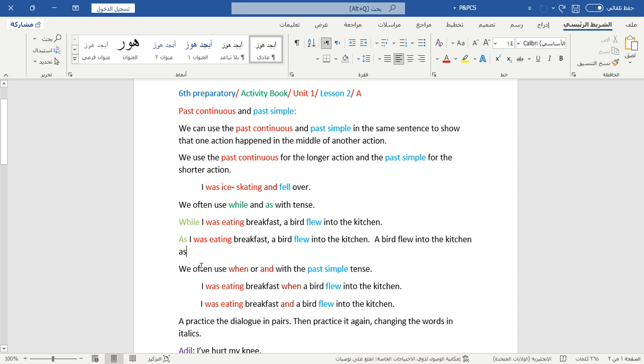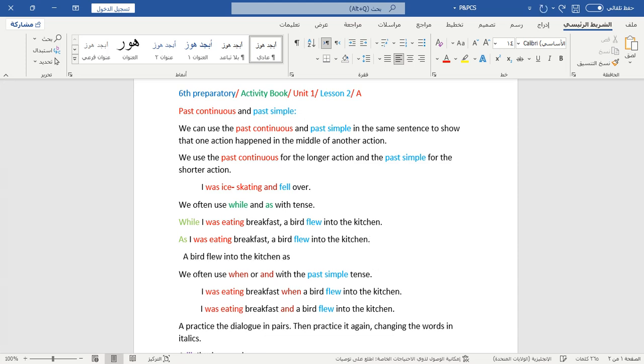Here in the middle of the sentence, we can say, a bird flew into the kitchen as, with a small letter, because it's in the middle of the sentence, not in the beginning. And we delete the comma because as relates the two parts of the sentence. Okay, is that clear?